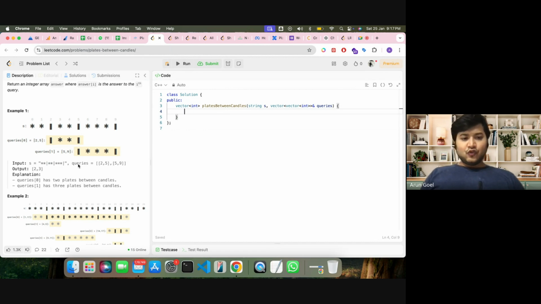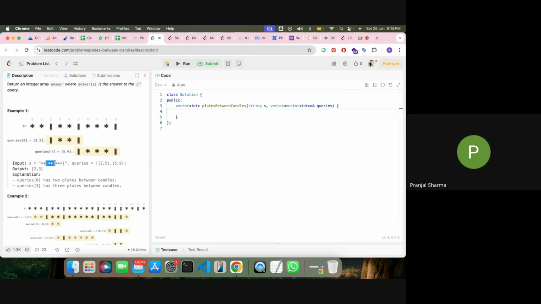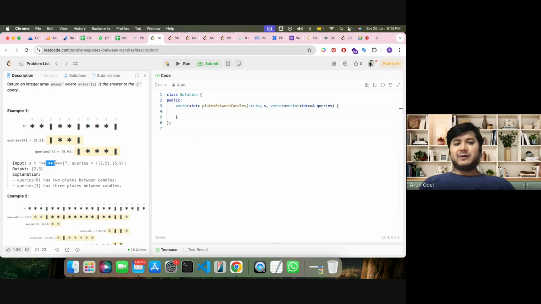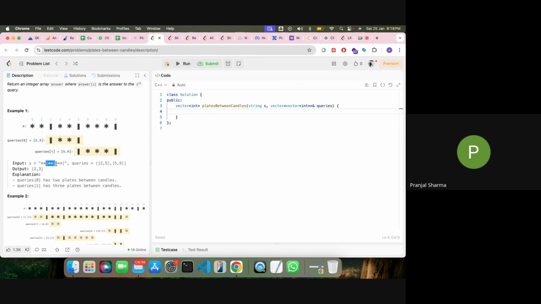Now when you know the leftmost index and the rightmost index, then between these two, would you not be able to find the total number of plates by applying the prefix sum approach again? Total number of plates we can find, but I didn't get the part about how to find the index of the left candle and the right candle. Through that same binary search. How?